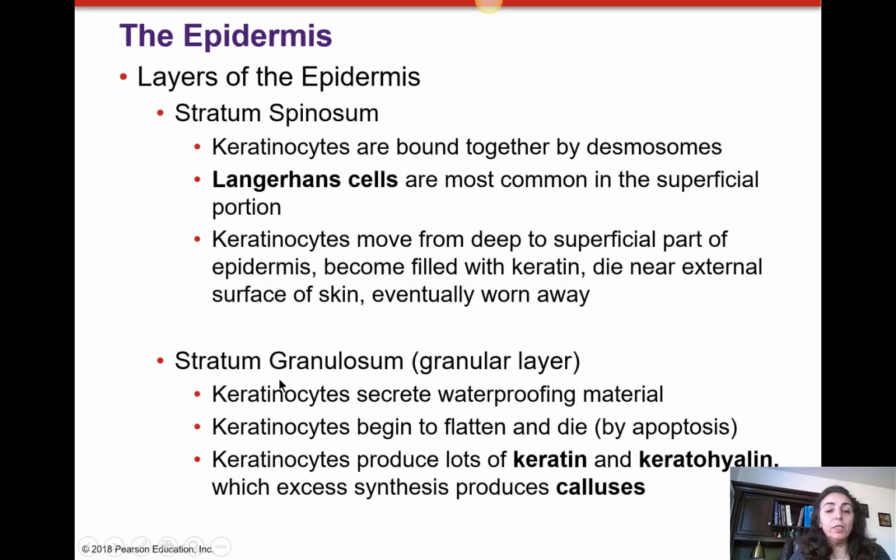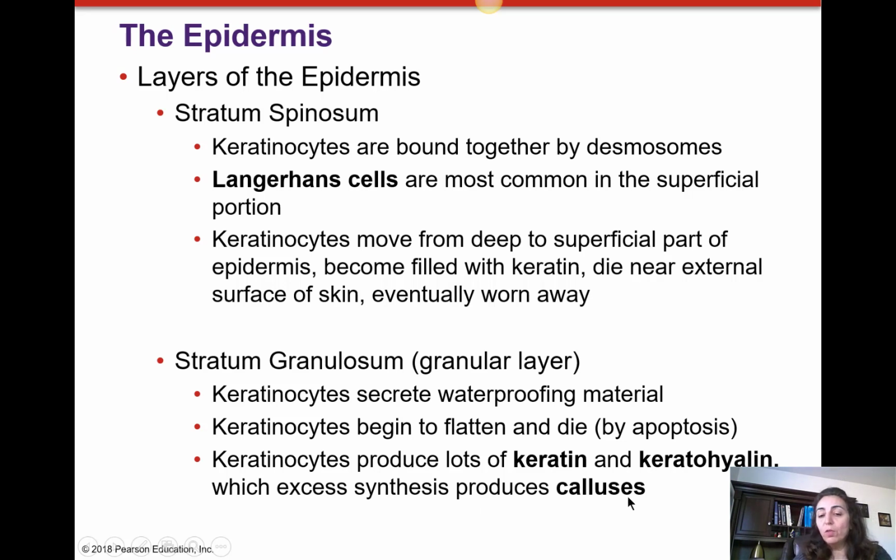Then the next layer is the stratum granulosum, the granular layer, where keratinocytes secrete waterproofing material that is inside those granules, and keratinocytes begin to flatten and die by apoptosis. All those internal organelles go away, and the cell starts to get ready to die. Keratinocytes produce lots of keratin and keratohyalin. Excess synthesis here produces calluses.